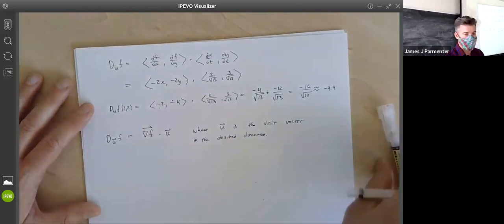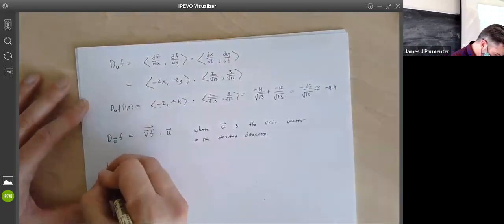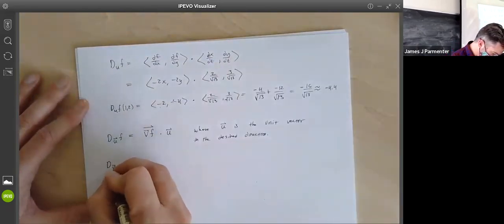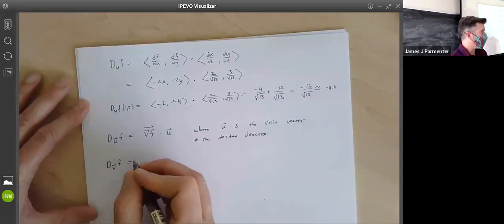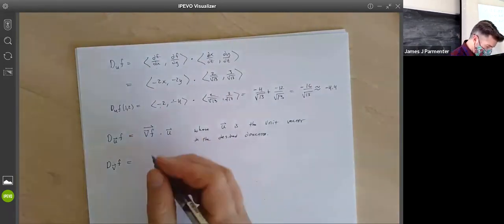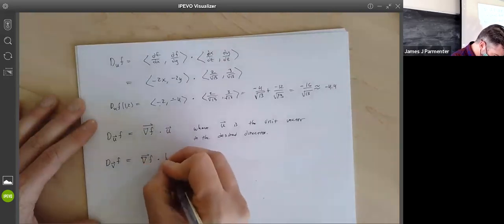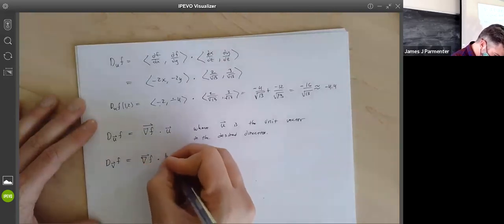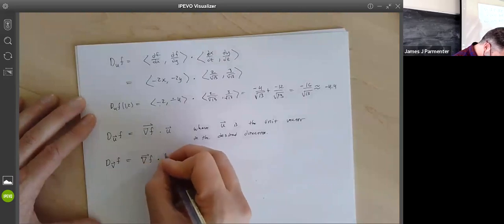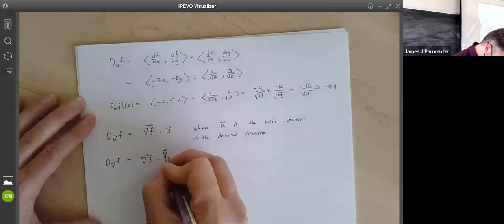So if you wanted to be a little more general, if I was finding the directional derivative in the direction of the vector v, where I know that v isn't a unit vector, I would say, okay, well, that's going to be the gradient of f dotted with v divided by the magnitude of v.